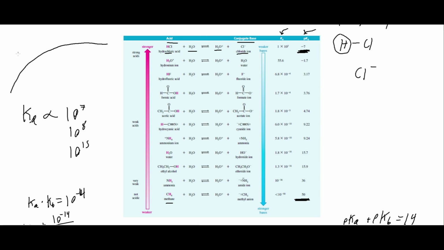So if this is the 100% products right here, you start asymptoting towards it, and so it starts getting harder to measure these edge cases.